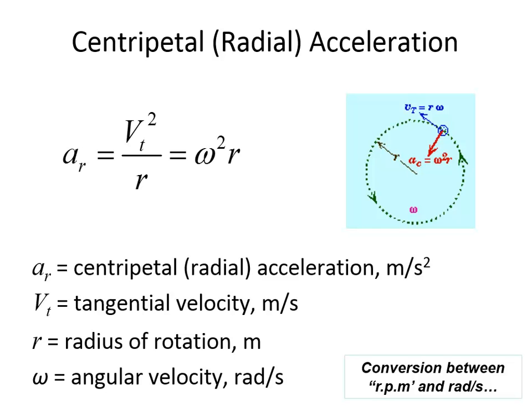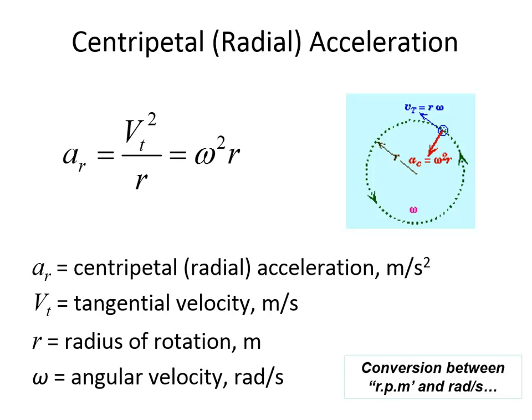The way that you convert that into radians per second is, of course, we know that there are 2 pi radians per 1 revolution. If you go through 360 degrees of angle, then that's 2 pi radians. And then multiply that by 1 minute has 60 seconds.